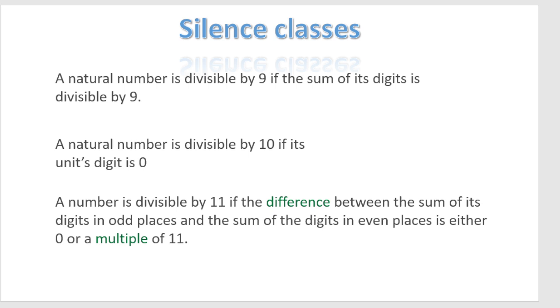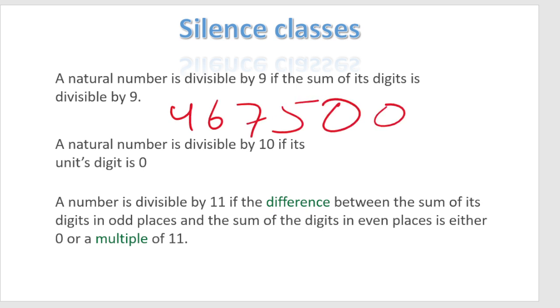Whatsoever number is written, if the last digit is 0, then you can say the number is divisible by 10, like 4675010. You have to check the last digit of the number, and if it is 0, then we can say the number is divisible by 10.